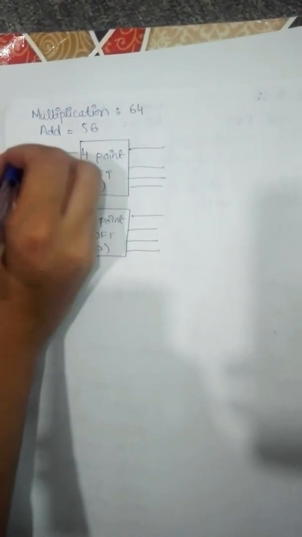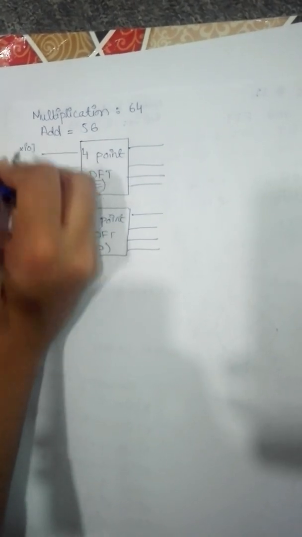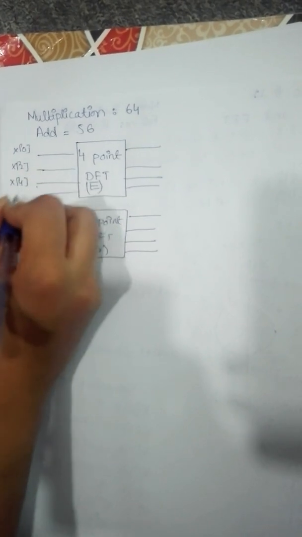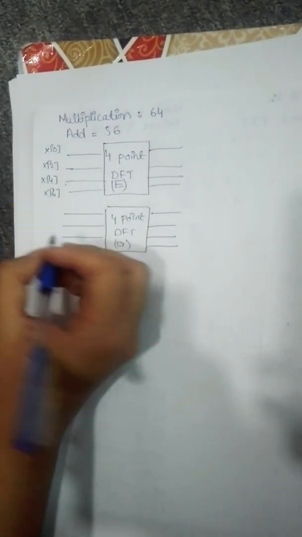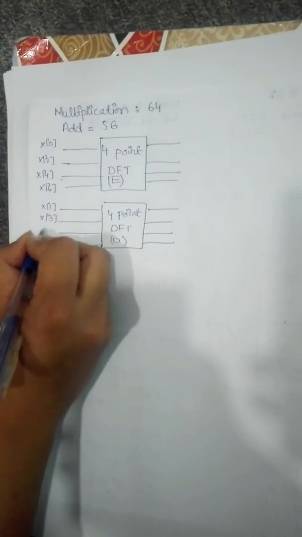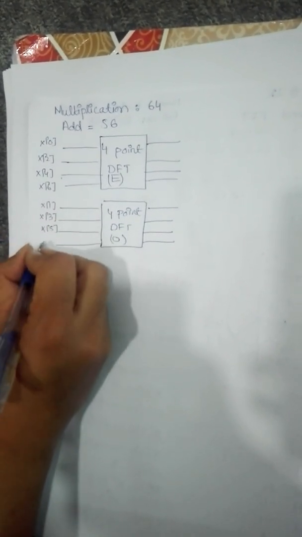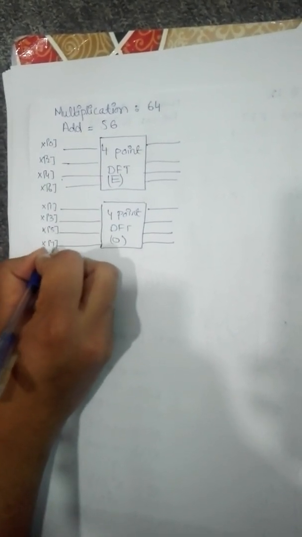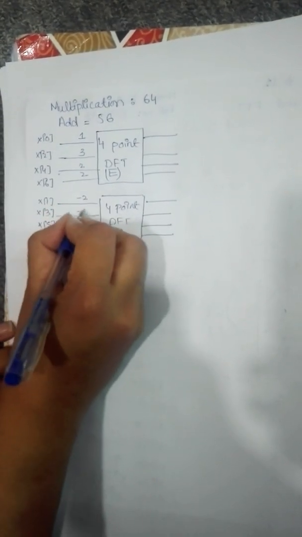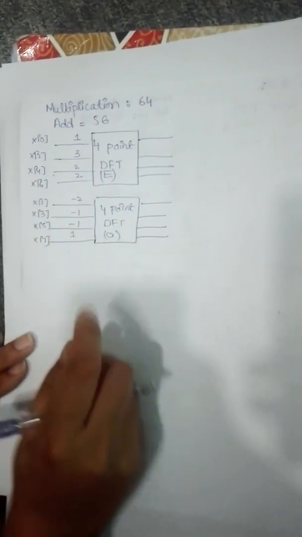And I will write it as x of 0, x of 2, x of 4, and x of 6, x of 1, x of 3, x of 5, x of 7. It was 1, 3, 2, and 2, and minus 2, minus 1, minus 1, and 1.